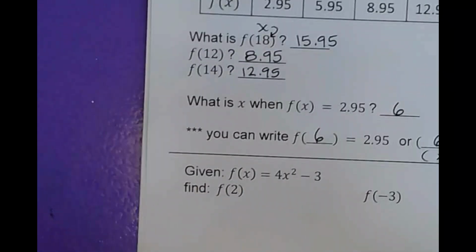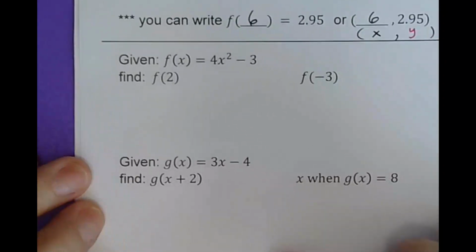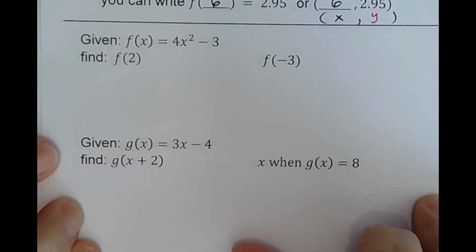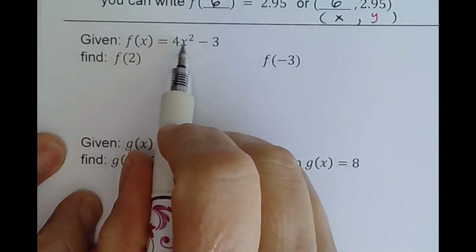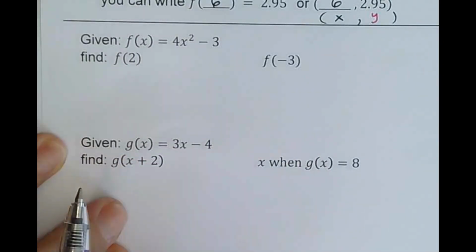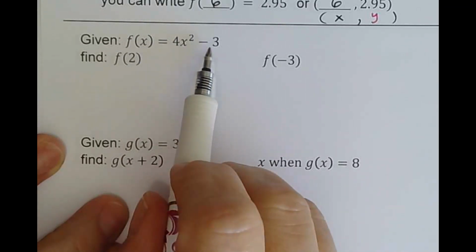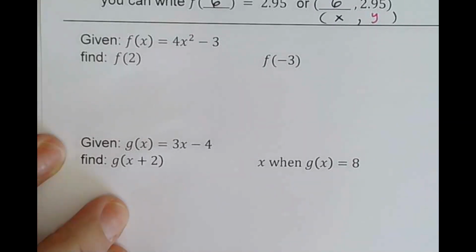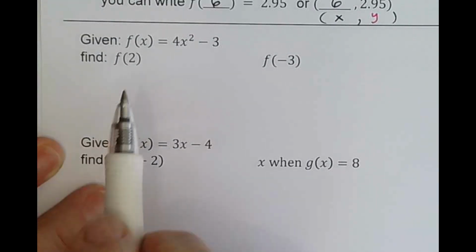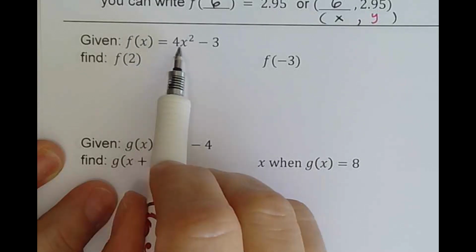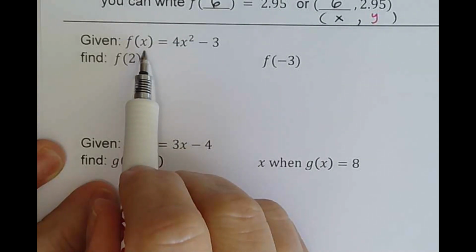If I'm given here f of x equals 4x squared minus 3, if this were y equals, then I could graph and determine whether it's a function or not. Since it's f of x equals, then I don't have to look at it to determine whether it's a function.